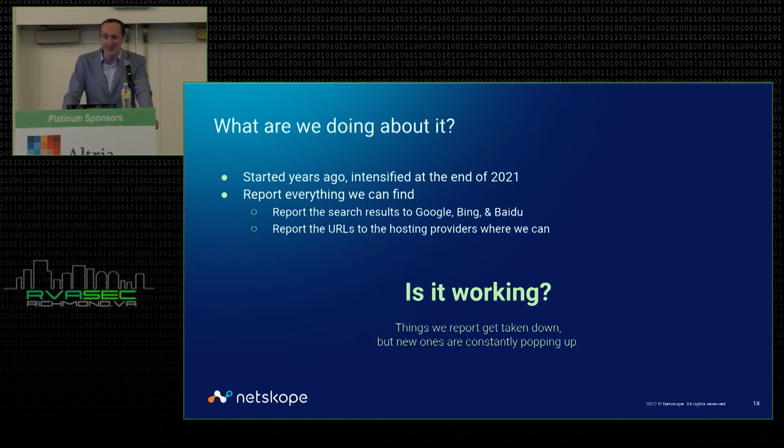And so the question is, is it working? I'd say I'm playing a really stupid game of whack-a-mole. We are really good at taking down, or helping to take down, because we can't do anything but report, the URLs that we know about. But there are just new ones constantly. It's always new search terms, always something else.